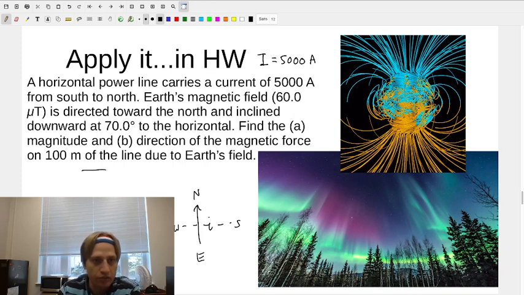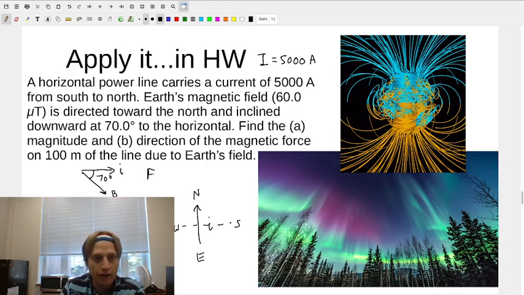So if we're looking at this from the side now, here is our I, and there is our B. So 70 degrees to the horizontal. So it's pointing basically into the page, down like that. Then it asks us, what is the magnitude and direction of that magnetic force on 100 meters of the line due to the Earth's magnetic field?